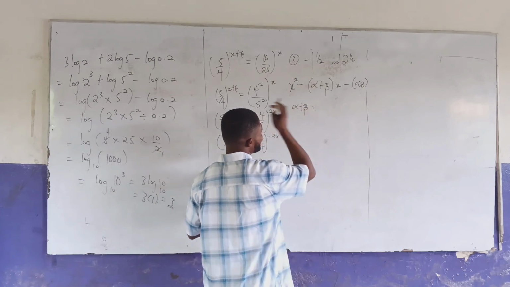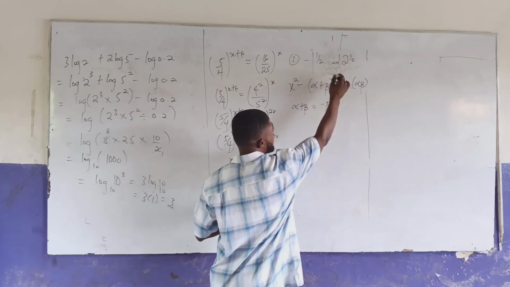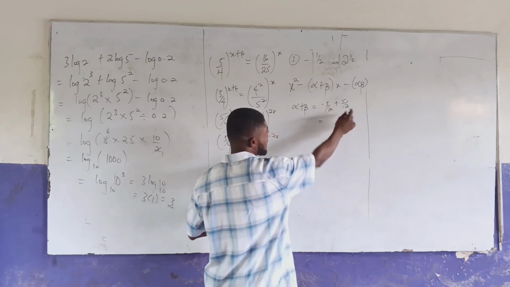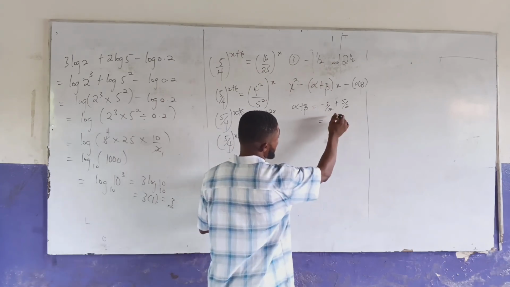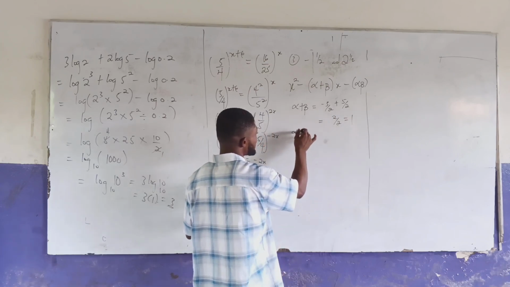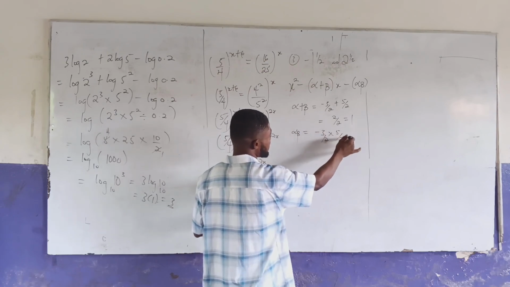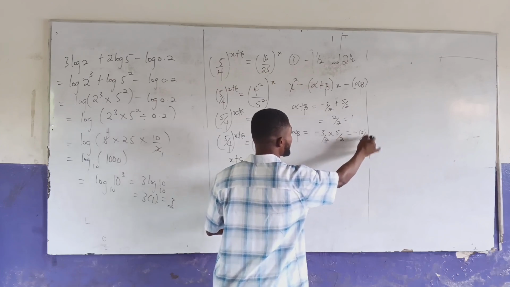So the sum of roots alpha plus beta is minus 3 on 2 plus 5 on 2, which gives us 2 on 2, which is equal to 1. And then alpha beta is minus 3 on 2 times 5 on 2, which is minus 15 on 4.